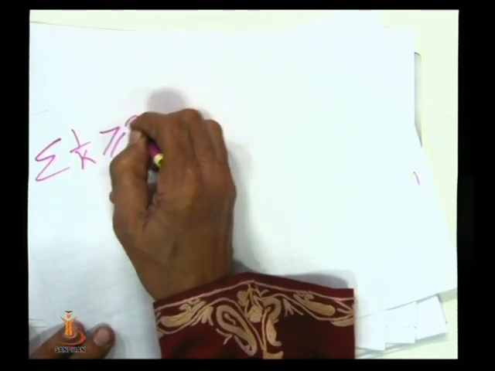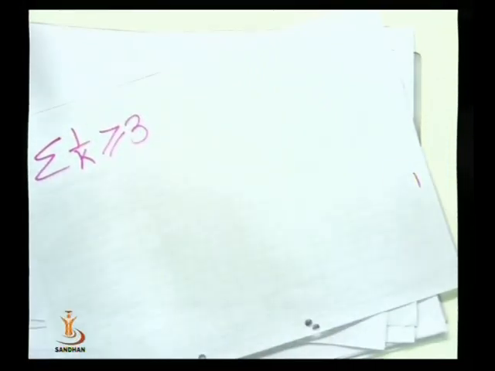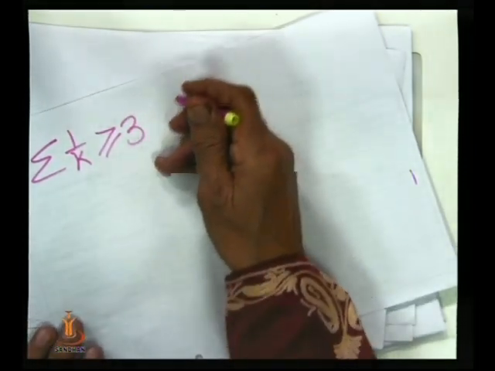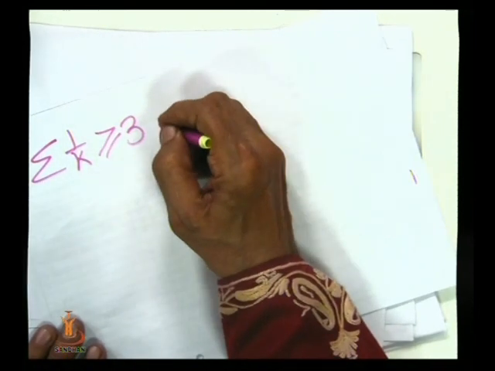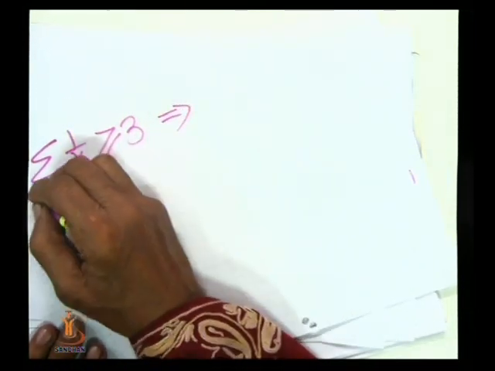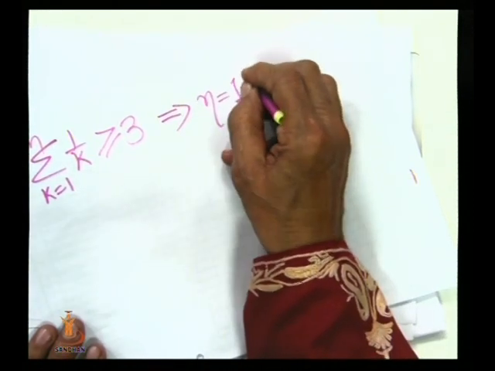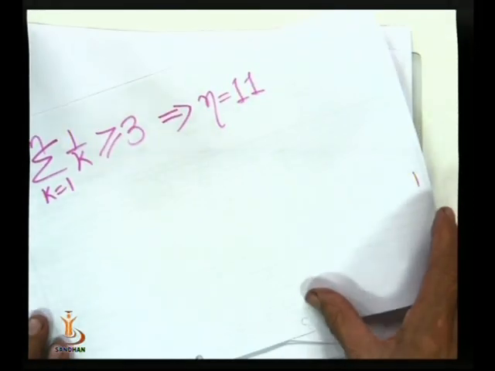So if you want this to be greater than or equal to 1 yard, 3 feet, and the ant moves 1 foot per minute, then for that you need 11 minutes. So after 11 minutes it reaches.